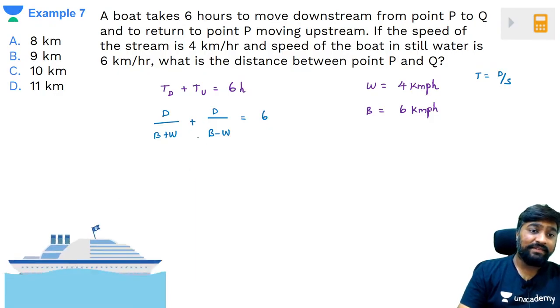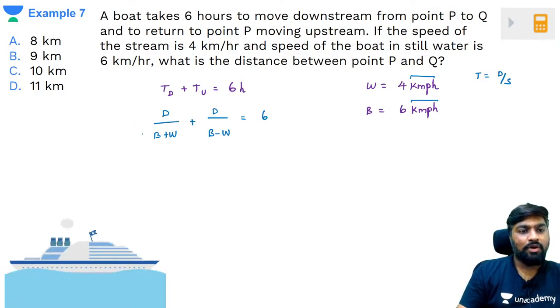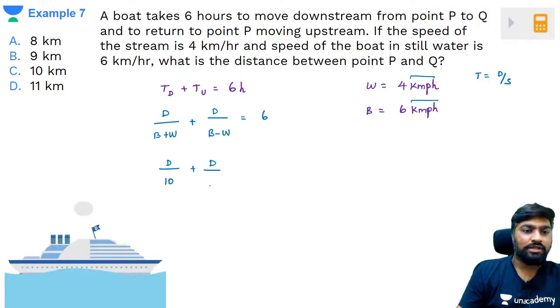Whenever you do this, please have a look at the units. Please check if the units are aligned. Normally this happens: hours, kilometers, this is what we're dealing in. Yes, so what happens here? You have distance, which is unknown. Speed of boat plus water is 4 plus 6, 10, plus distance upon speed of boat minus speed of water, which is 2. This has to be equal to 6.